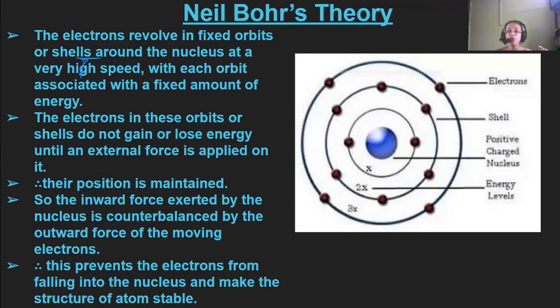So the inward force exerted by the nucleus is counterbalanced by the outward force of the moving electrons. That is, the nucleus pulls the electrons towards it, and the electrons pull outward, and these two forces are counterbalanced.